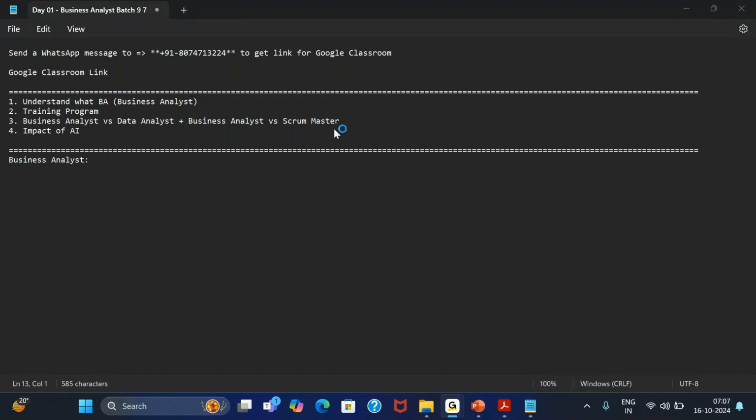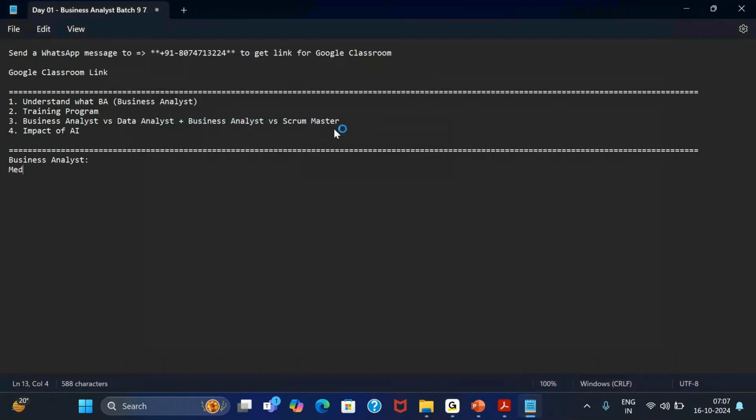They are mediator between clients and resources. Good. And they will analyze the business, and they will set up the stories and all using Jira and the like.